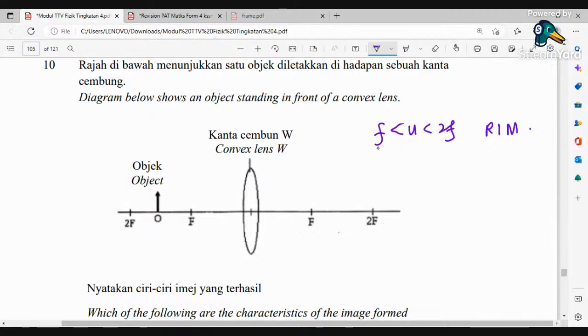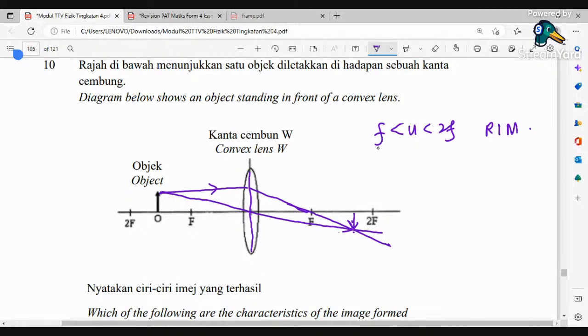So if you cannot remember, you just draw, sketch saja, cuba sketch. Ini optical center. Okay, converge to F. Okay, pass through center, red line. Okay, so image form di sini, nampak tak? Real inverted.